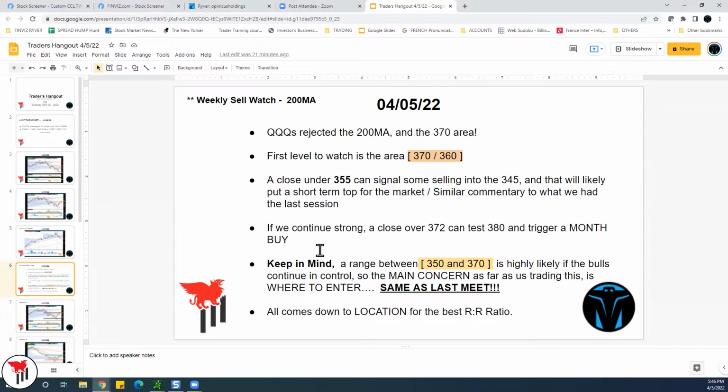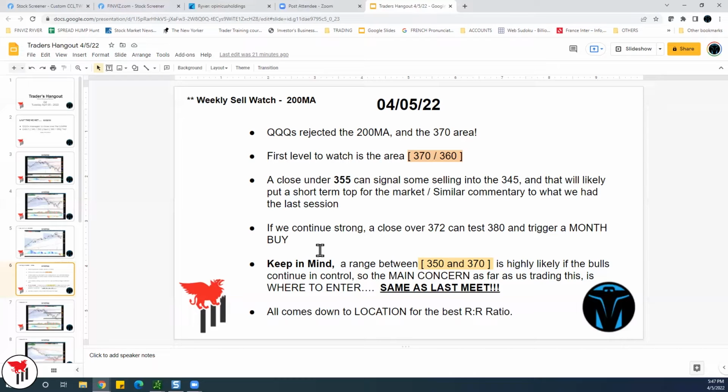So if we continue strong, and this is the easier trade we can make, a close over 372 can test 380 and trigger a monthly buy. Simple, right? Meaning, if we're going to continue being bullish, we need the bulls to keep buying the market. How do we know they're buying?